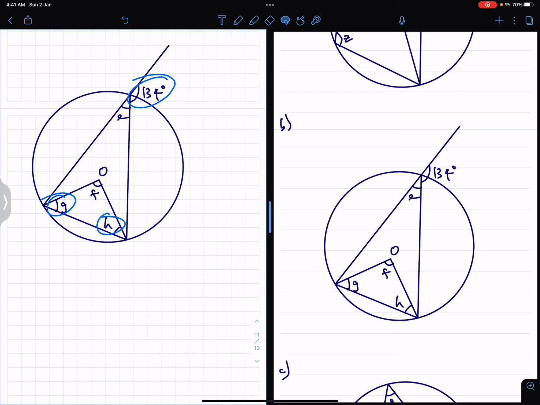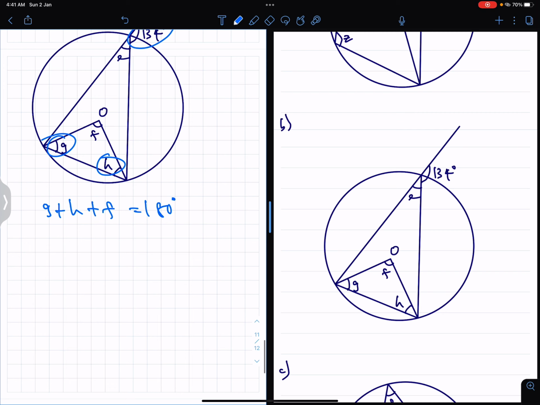Now G plus H plus F is 180 degrees, sum of angles in a triangle. Since G and H are the same, I can use G for both.